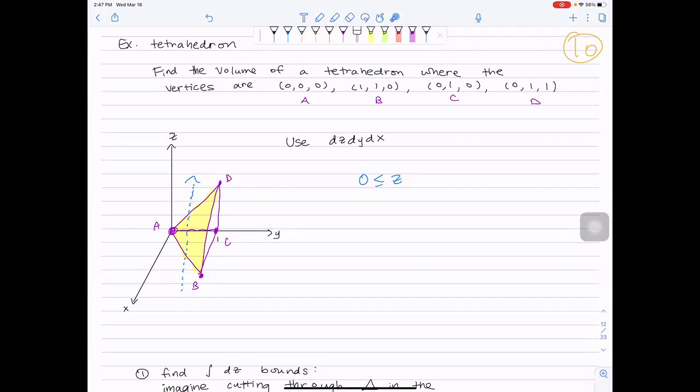Our normal vector is 1, negative 1, 1. So this gives me 1 times x minus 0, minus 1 times y minus 0, plus 1 times z minus 0, or x minus y plus z. We're finding the bound for z, so we should have z equals something. Let's rewrite it: z equals, subtract the x and add the y. So our exiting bound is going to be negative x plus y.